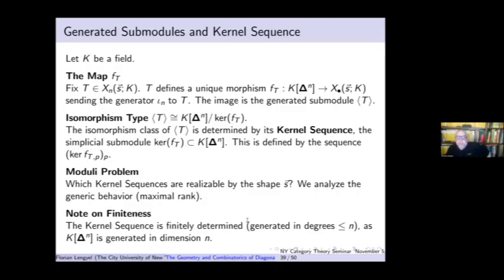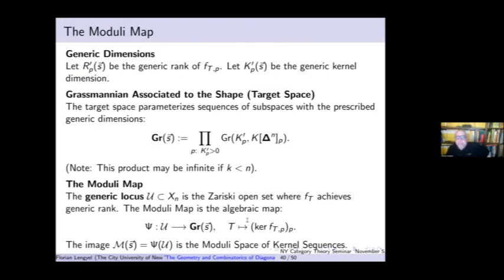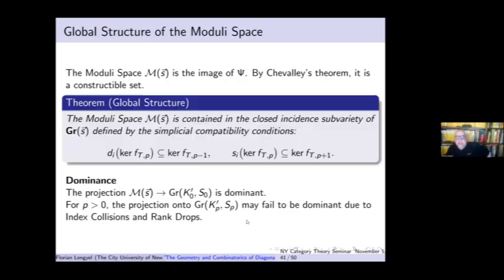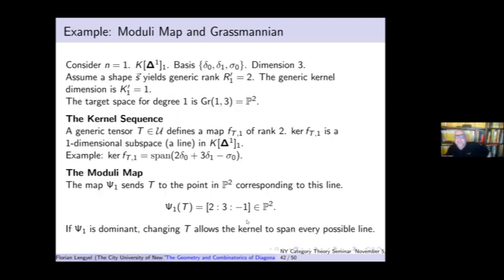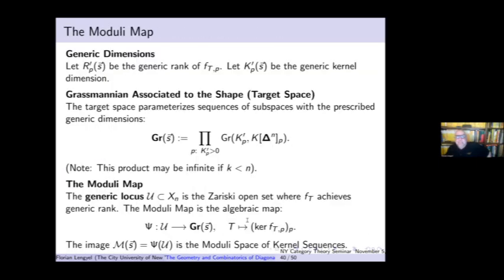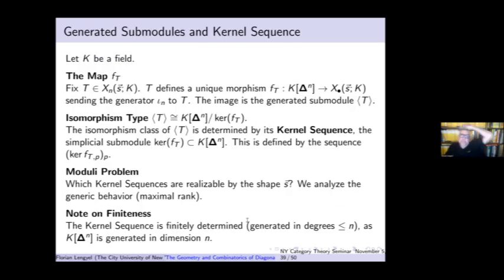So I think what I want to do here, how do I want to explain this? Okay. So here, in this case, we work over a field, and there's a map from the, this is a simplicial map, by the way.